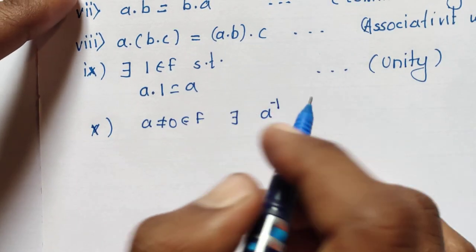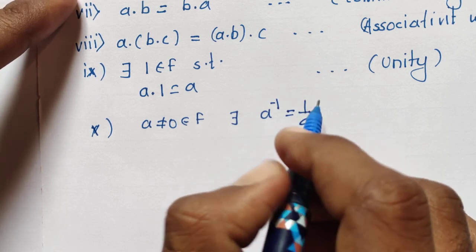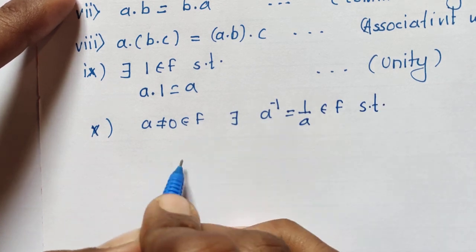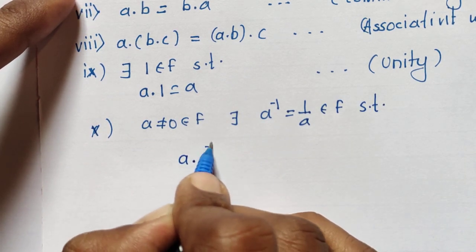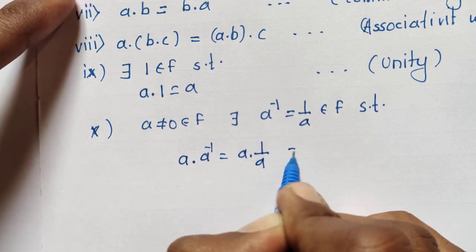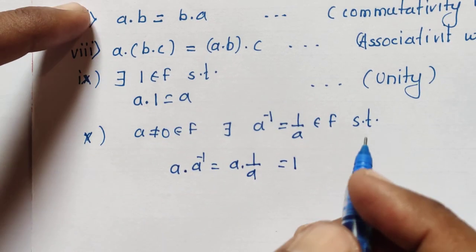Now the 10th property is, for any non-zero A belonging to F, there exists A inverse, existence of inverse. Mostly that A inverse will be 1 upon A, again belonging to that set, such that A into A inverse, that is A into 1 by A, is equal to 1. This unity. A into A inverse is equal to that unity.